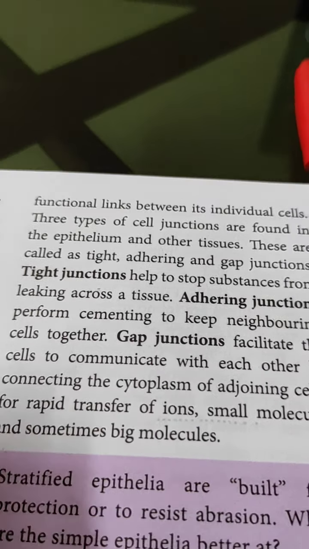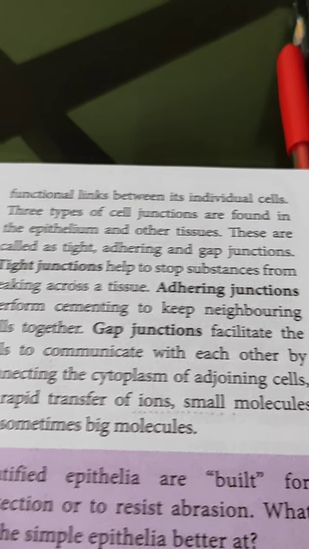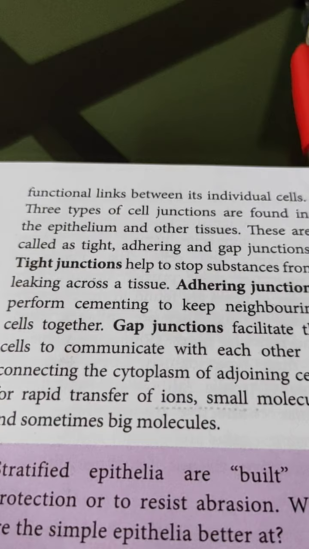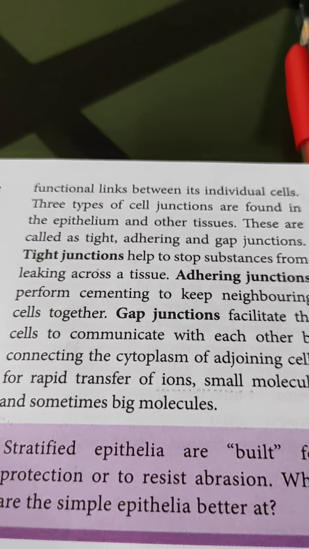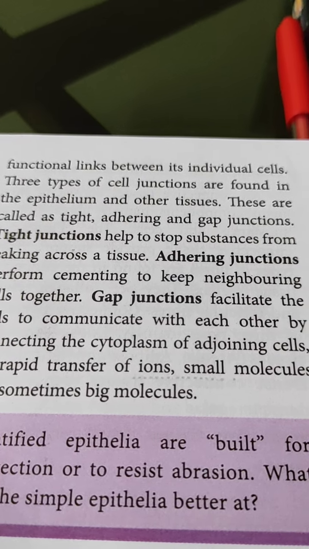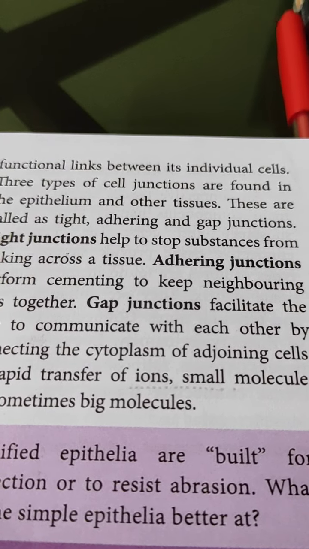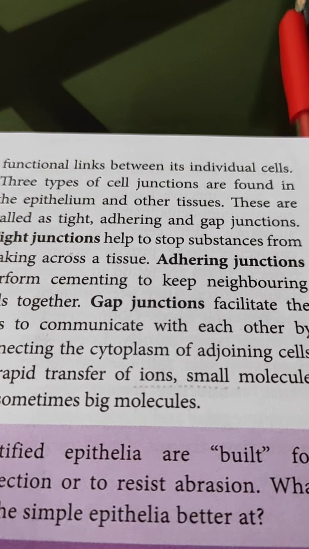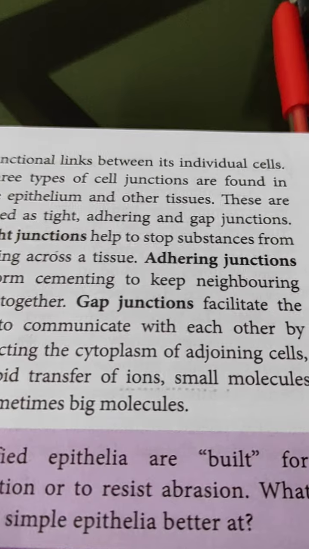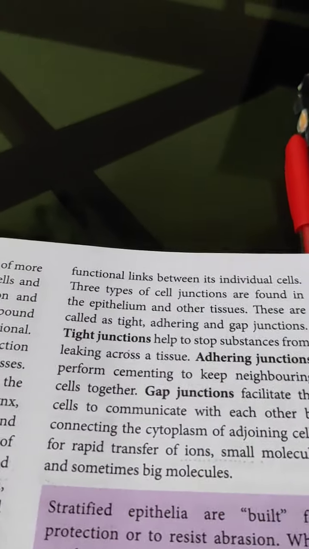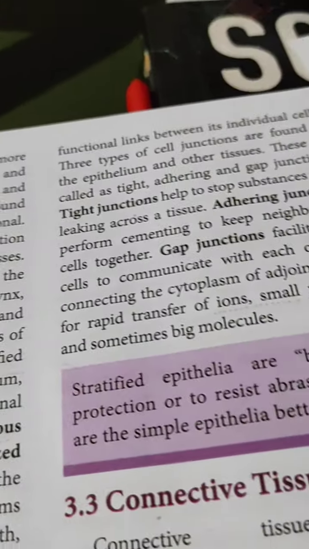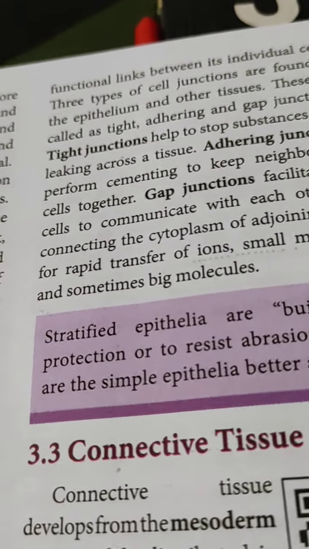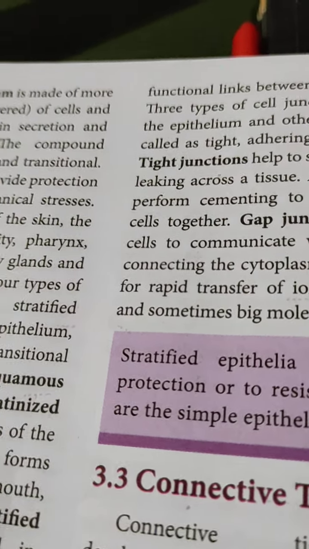One after another they will be attached. Gap junctions facilitate the cells to communicate with each other by connecting the cytoplasm of the adjoining cells. So tight junctions and gap junctions are opposite. Adhering junctions only have the cementing material that helps to join the neighboring cells together.